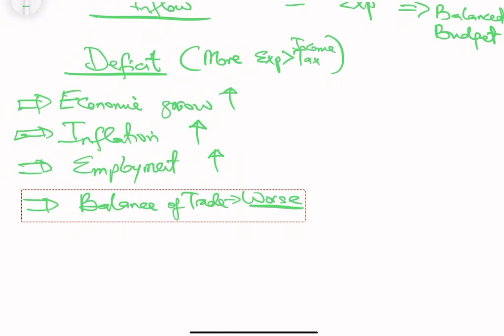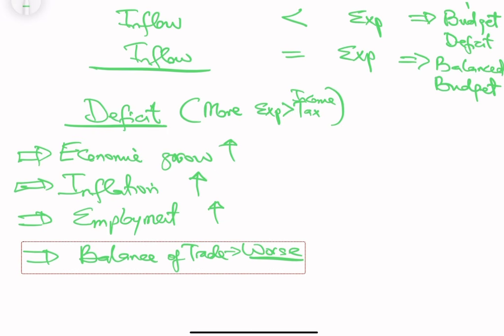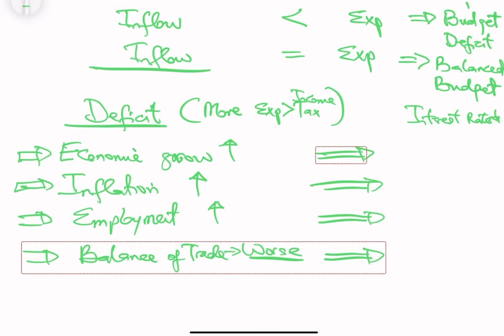Likewise for monetary policy, we can take, for instance, interest rates. Let's say the government decides to reduce interest rates. How does that affect those objectives? Very similar to what we've done. When you reduce interest rates, what it means for economic growth is that people have more money.